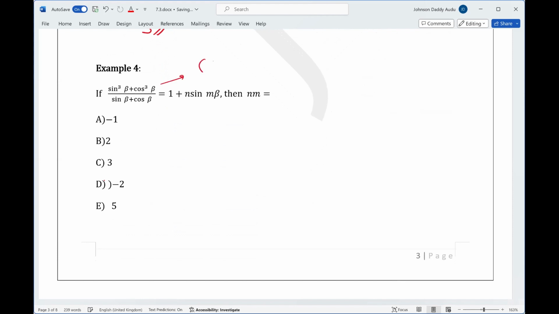Remember, we know that if you have a plus b all to power 3, this is nothing but what? A plus B, A squared minus what? AB plus B squared, right? So using A to be sine beta and B to be cosine beta, we can write this. Okay, let's just write this.